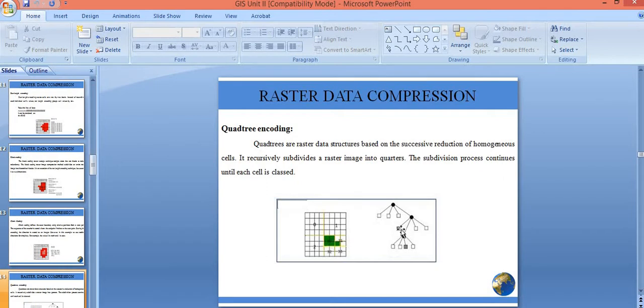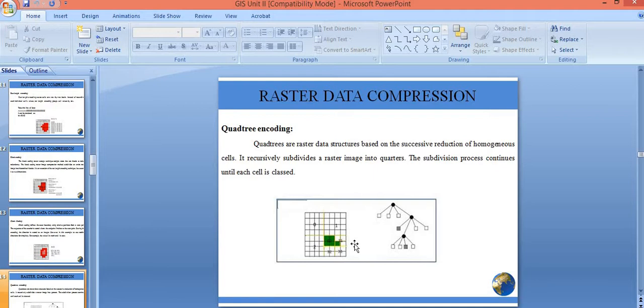So that information you store here. Now what about the next child? The next child doesn't have the same value in all the cells. So whatever we did earlier, the same thing you have to do here. Again split this part into 4 parts.